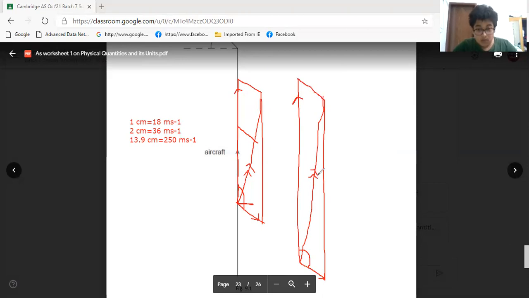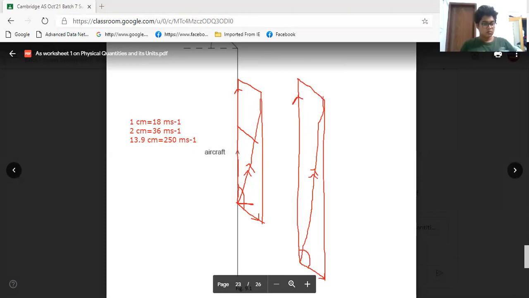What is the length of this diagonal? Yes, this length can be calculated using your ruler. You draw the diagonal, you finish the parallelogram.